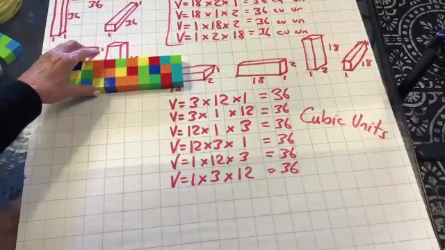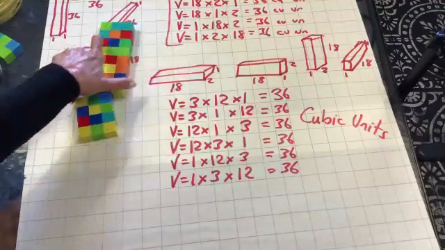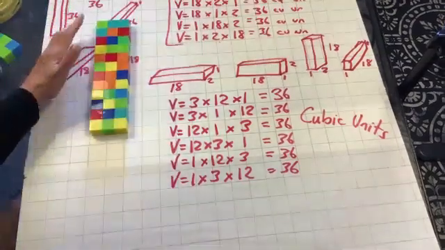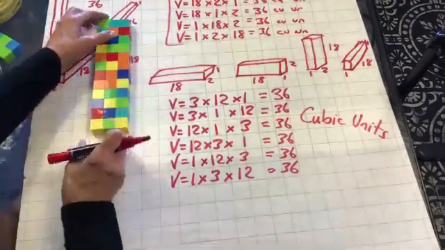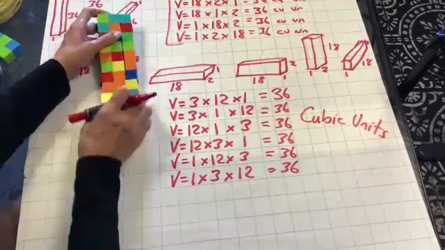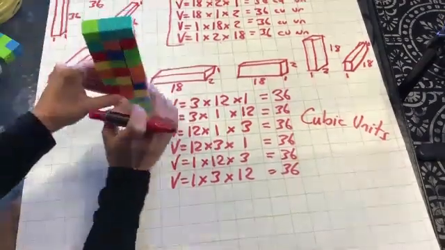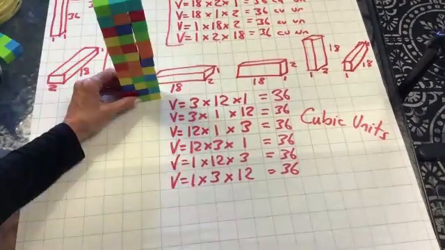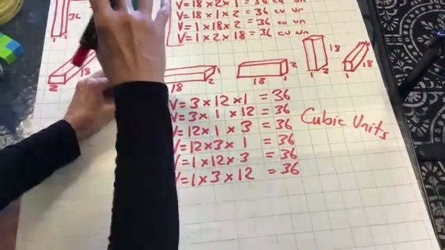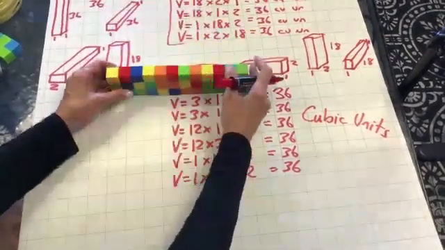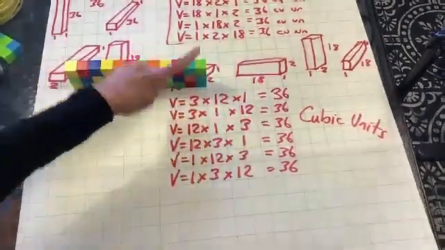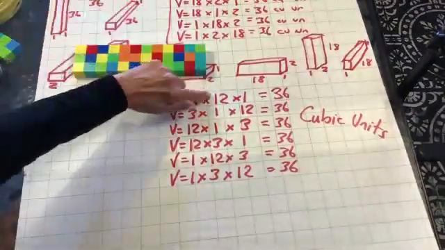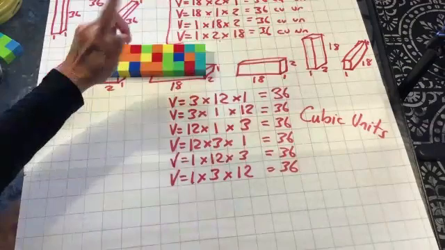So we could do 3 wide by 12 deep by 1 tall, or we could do 3 wide by 1 deep by 12 tall, or we could do 12 wide by 1 deep by 3 tall, or 12 wide by 3 deep by 1 tall.